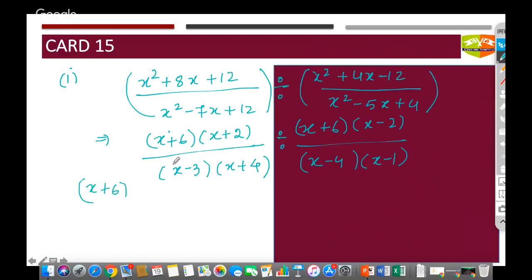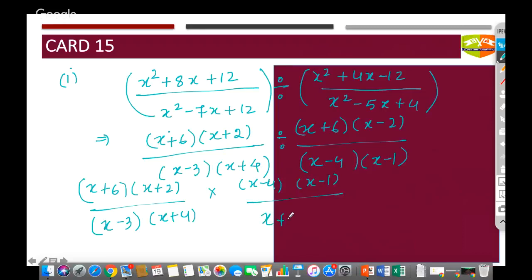So I can write this as x plus 6 x plus 2 divided by x minus 3 x plus 4, multiplied by x minus 4 x minus 1, divided by x plus 6 x minus 1. So what I can do over here is this x plus 6 and x plus 6 is gone, and once again this is x minus 2.